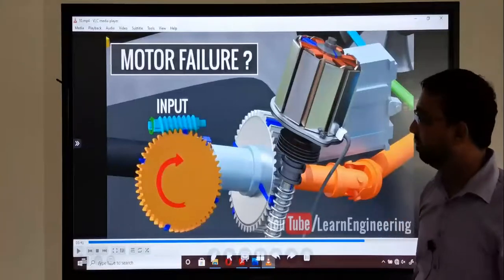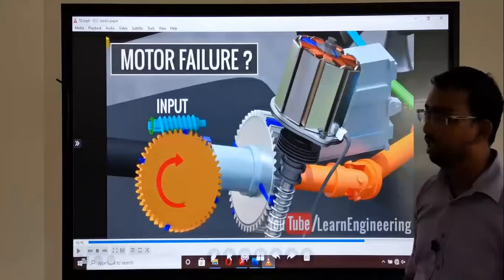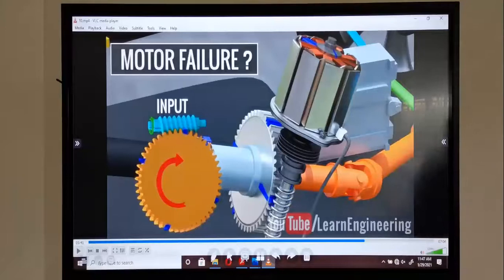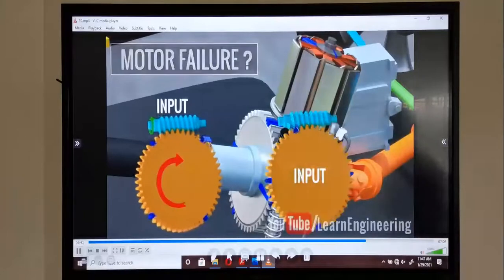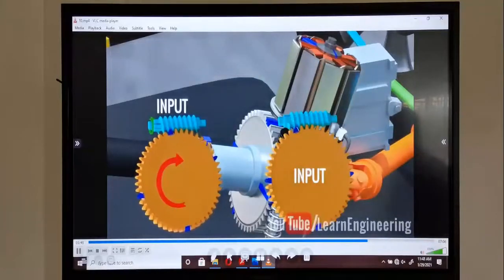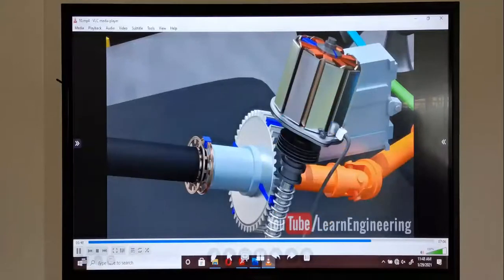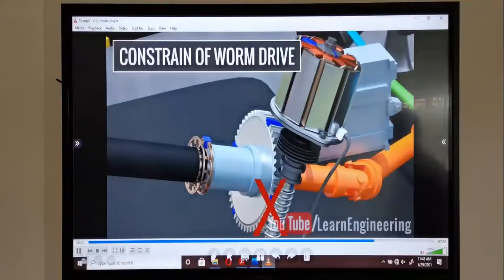Because of this, we cannot rotate the steering wheel with this arrangement. So what is the further development of this to sort out this issue?